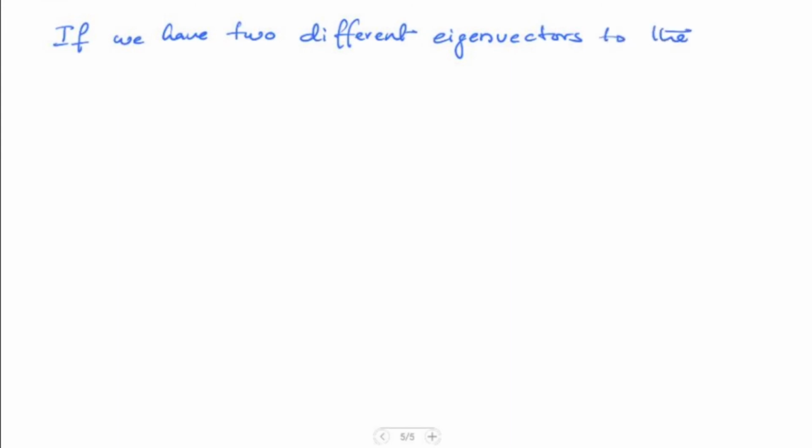Also, we could say it like, if we have two different eigenvectors to the same eigenvalue, then they are on the same line.